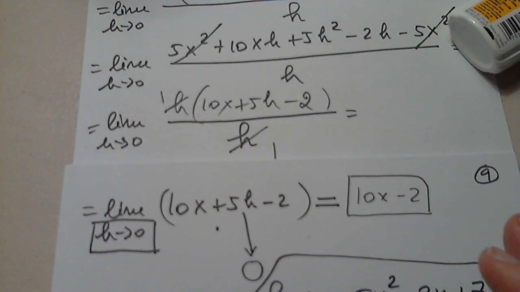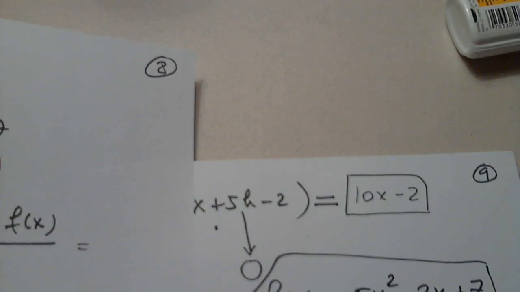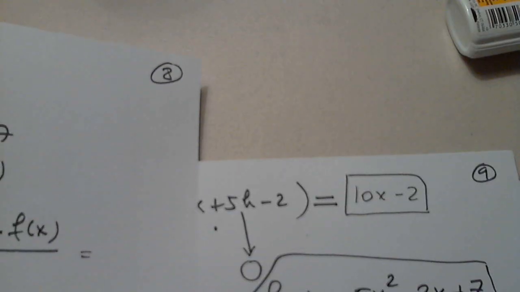Yes, and we are going to learn this. 5 times 2, 10x minus 2. We're going to learn the rules very soon. The differentiation rules. Now, here, I'm asked to find f prime of negative 2, f prime of 0, and f prime of 1.